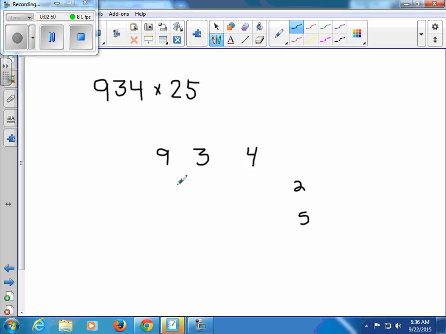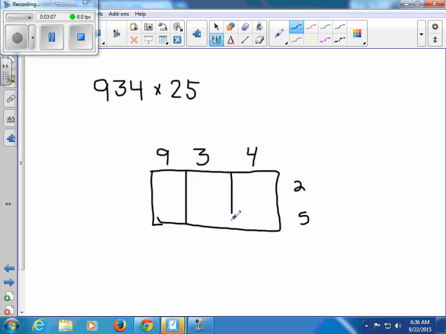So I'm going to work with columns and rows this time. I'm going to create a grid or a lattice. And each digit gets its own special column or its own special row.